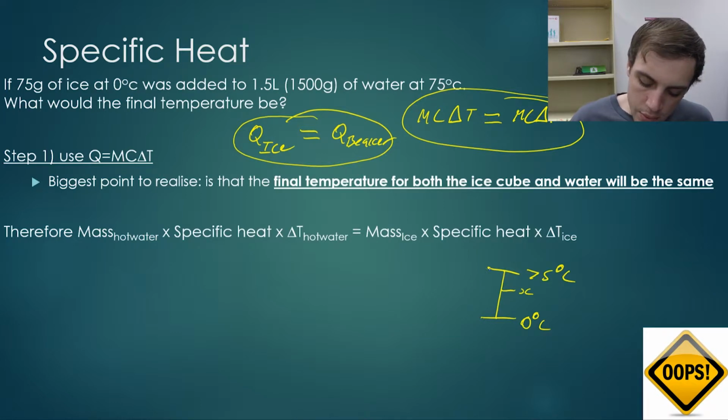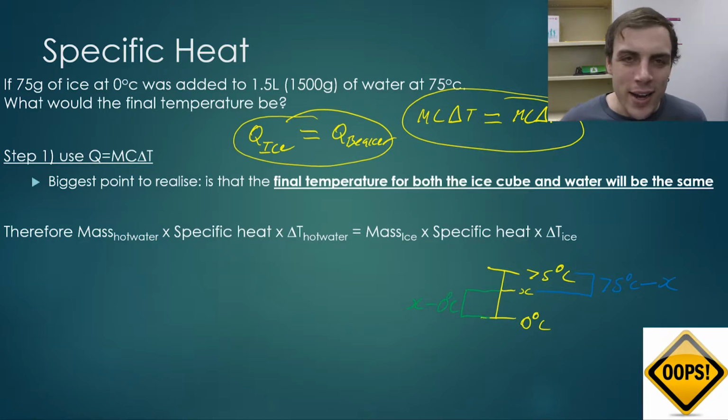So we can go 75 degrees Celsius minus X. And by having this formula like this, the final temperature and the initial temperature, this will give us this gap here. But with the ice, I can write this gap over here as X minus 0 degrees Celsius.